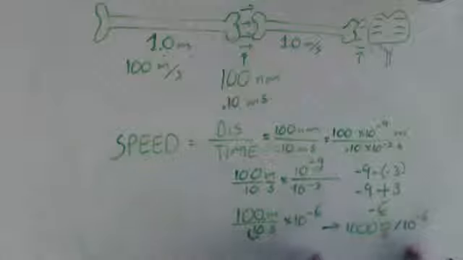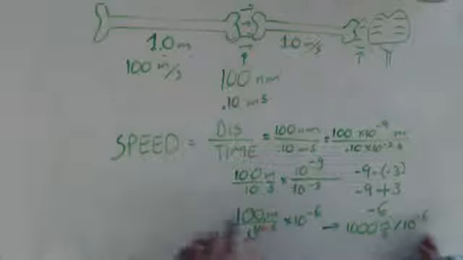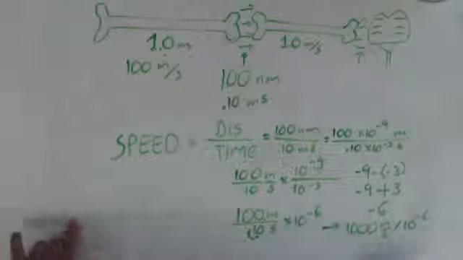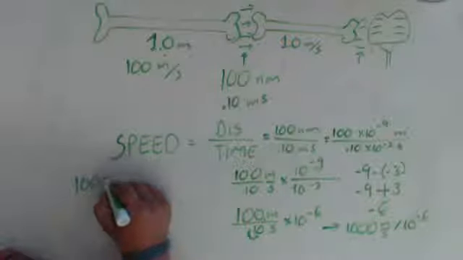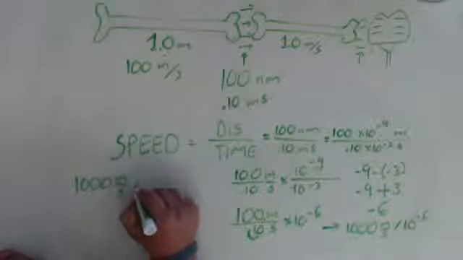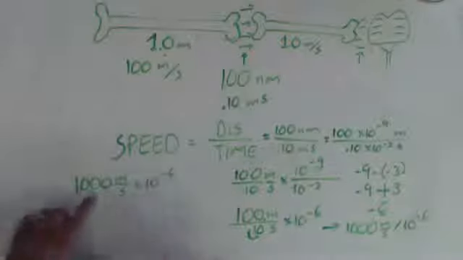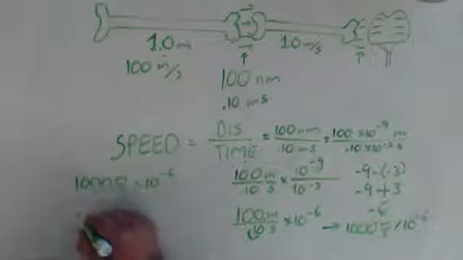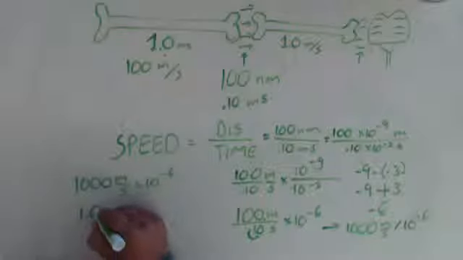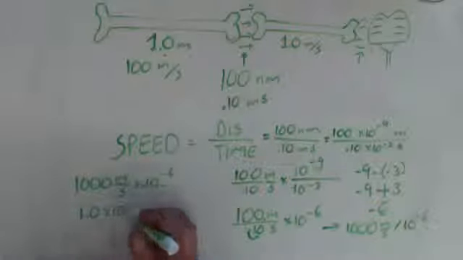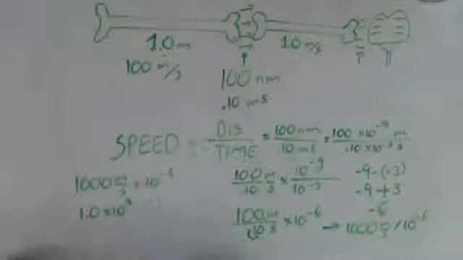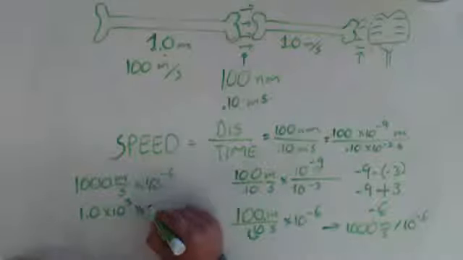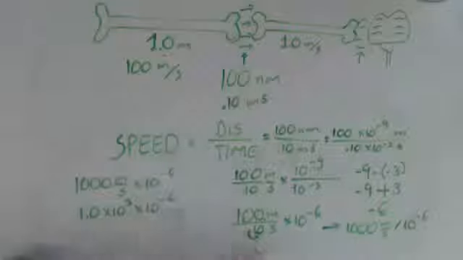There's still one more thing I can do. I'm running out of space over here, so I'm going to do it over here. I'm left with 10,000 meters per second times 10 to the negative 6. This is actually 1.0 times 10 to the third power times 10 to the negative 6.